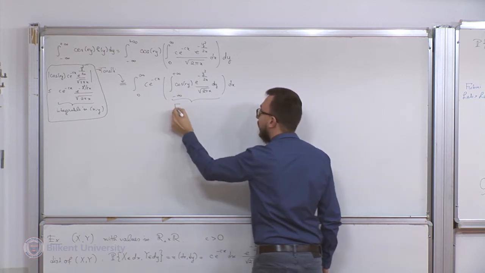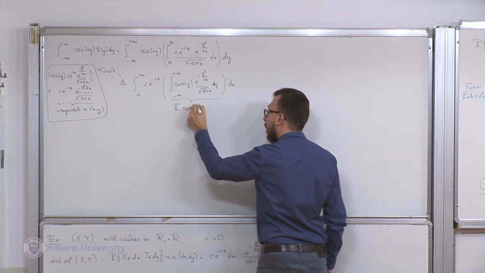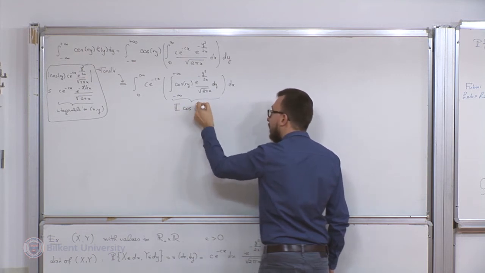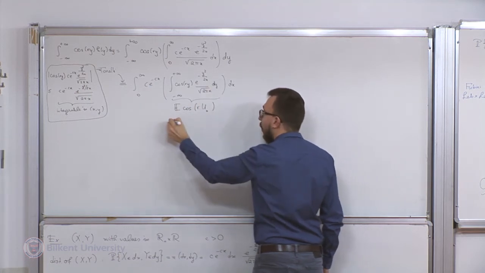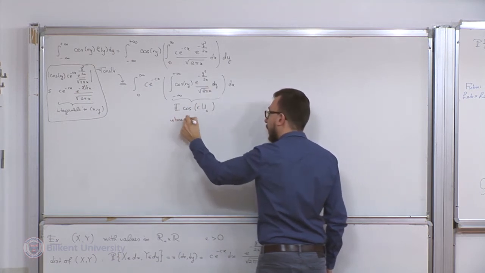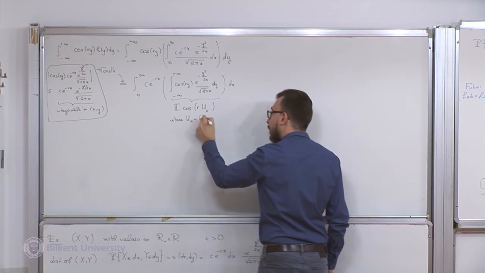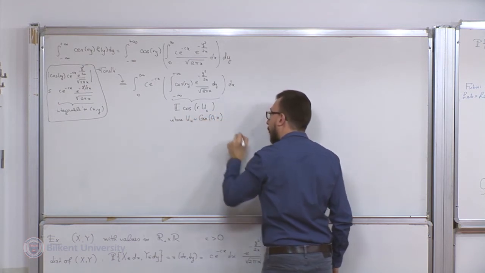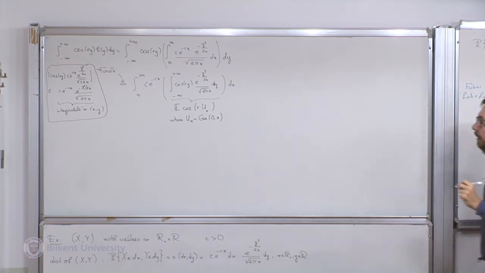So let me write it as cosine r times some random variable u, which depends on x, where u of x is Gaussian 0, x. You know how to calculate expectations, right?